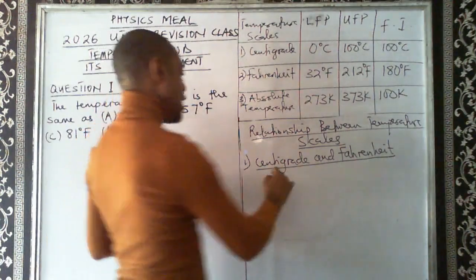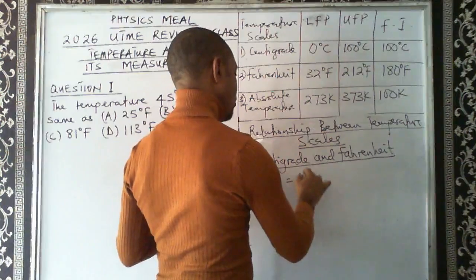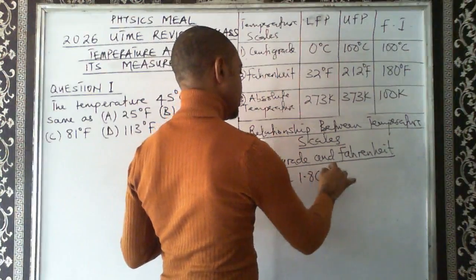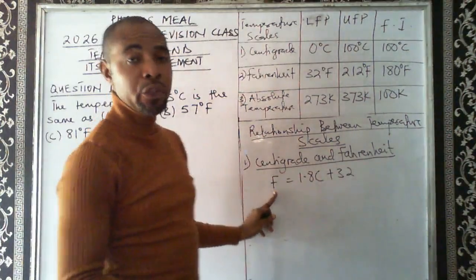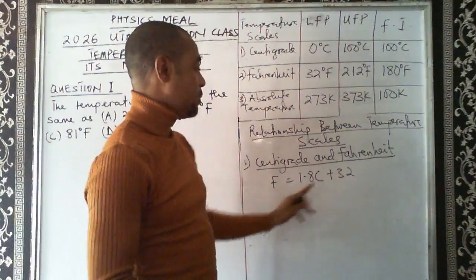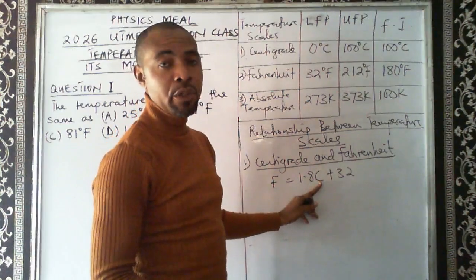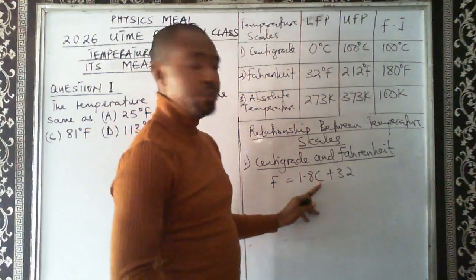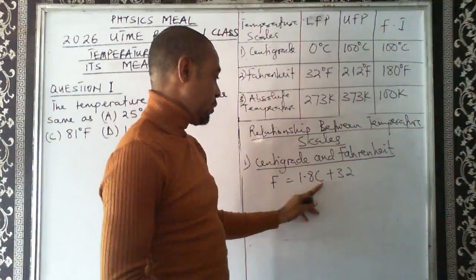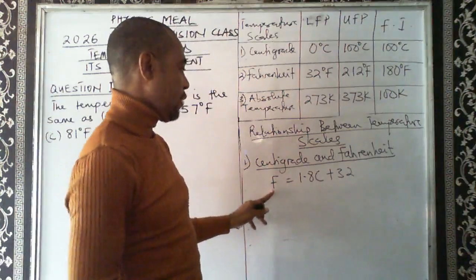We're going to see that. F is 1.8 C plus 32, where F is the temperature in Fahrenheit, and C is temperature in Celsius, right?